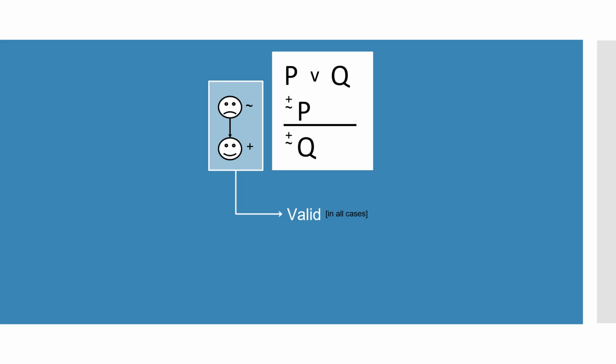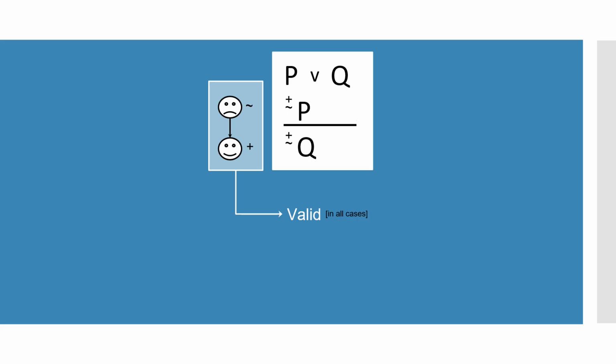Now, a valid form, a universally valid form, is when the second premise denies a disjunct in order to affirm in the conclusion whatever's left over. So the basic pattern you're looking for when you have your disjunctive proposition is to go look at the second premise and see what you're doing. Are you affirming or denying your terms? If you are denying to affirm, then this is valid.